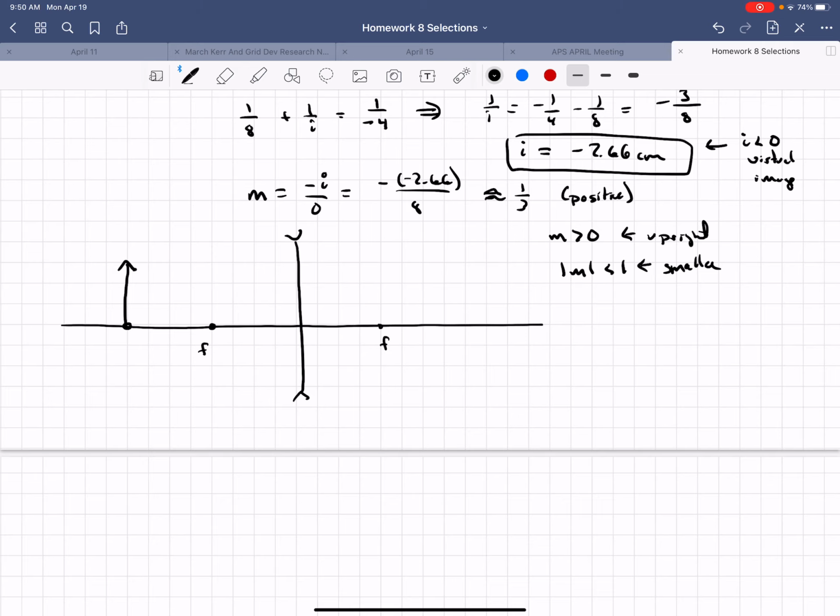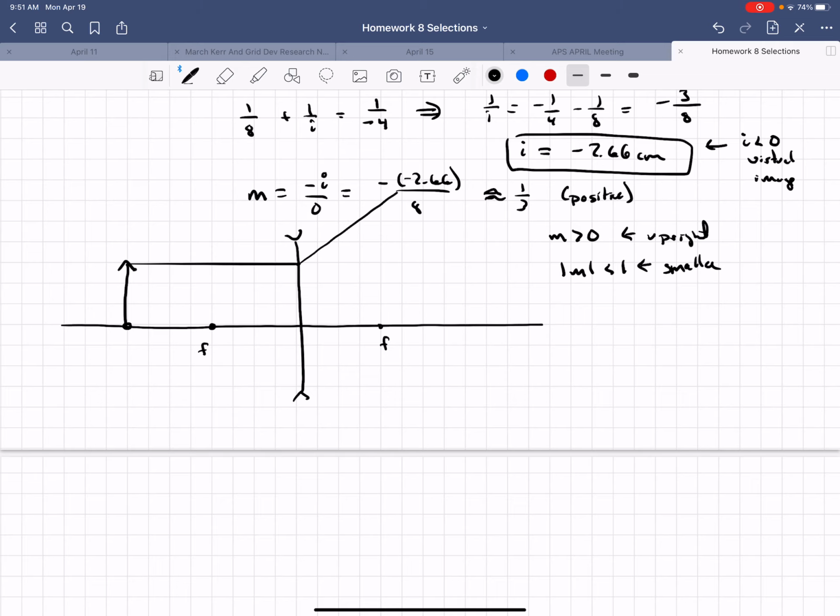So the first ray is a ray that comes in parallel and exits for a diverging lens as if it came through the focal point. And so my first ray is going to come in parallel, and it's going to exit from the focal point on the left. So I'm going to connect my ruler to the focal point on the left and my point here.